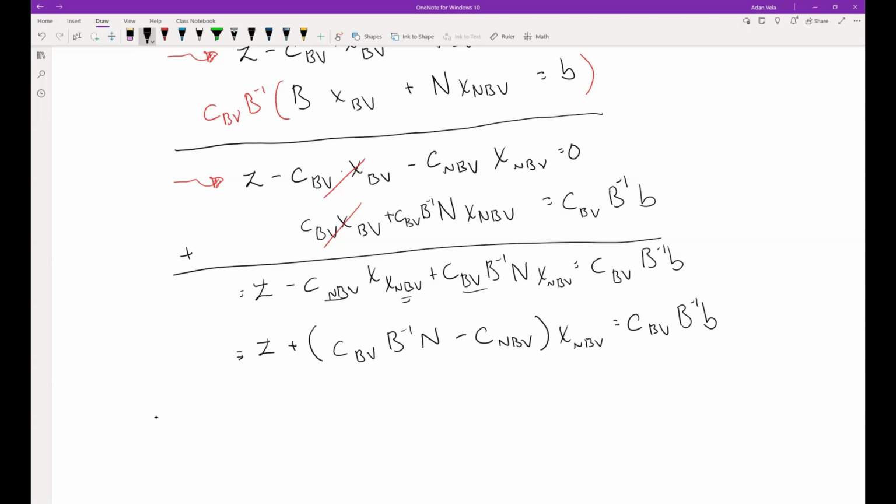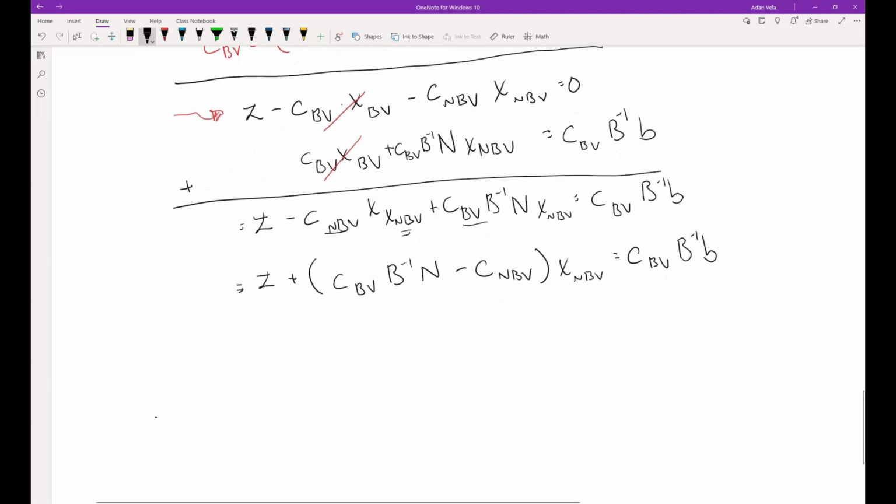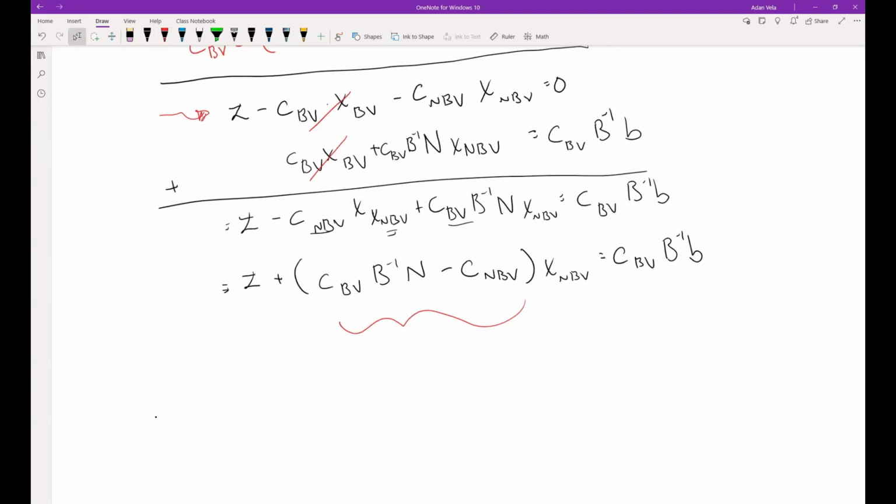All right. So what I want to do is focus in on this part right here. So this part right here is going to have the coefficients of the 0 row. All right. So this is the coefficients of row 0 in the Simplex Tableau.